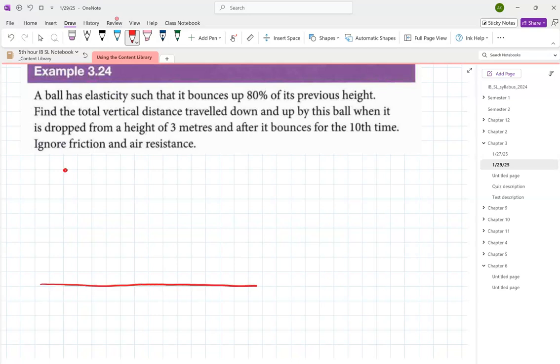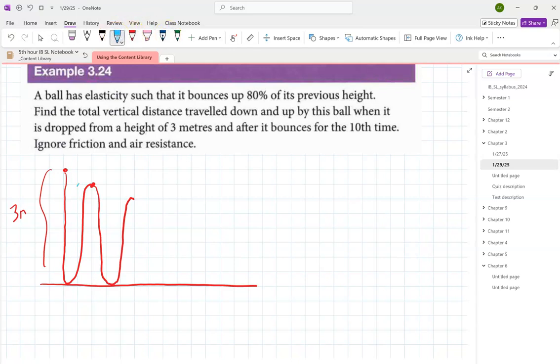Let's say this is the ground. So we drop. So this is 3 meters, right? And this would be 80% of 3 meters.